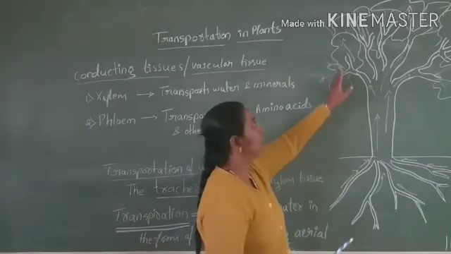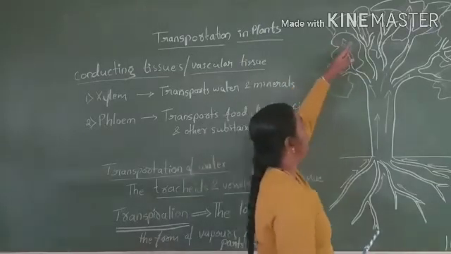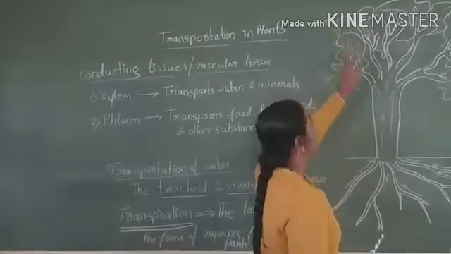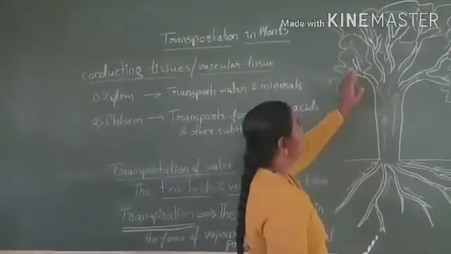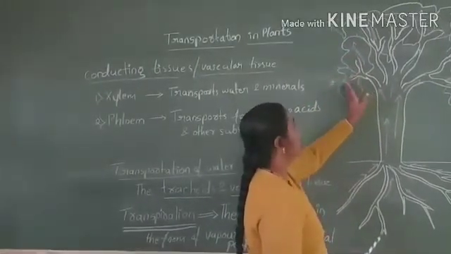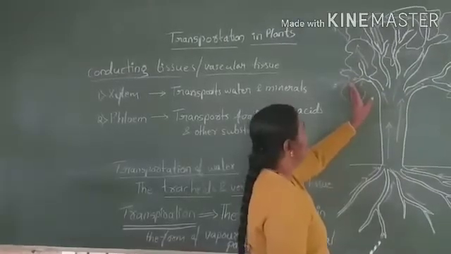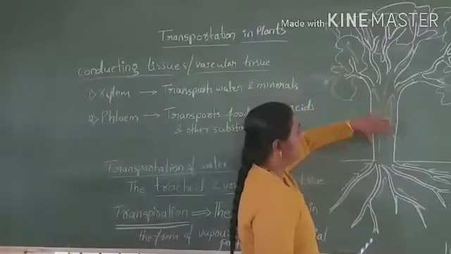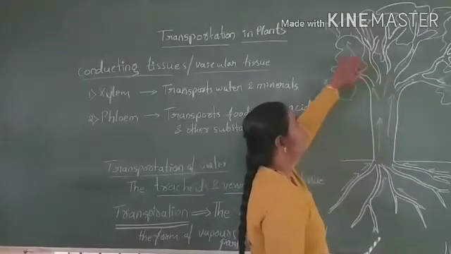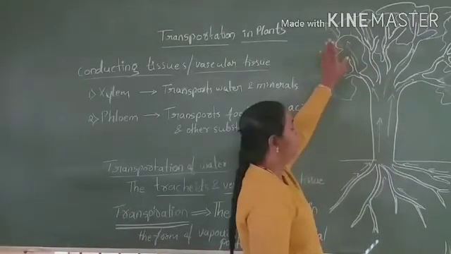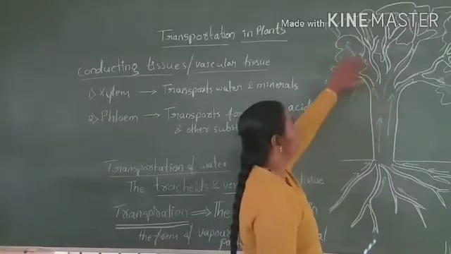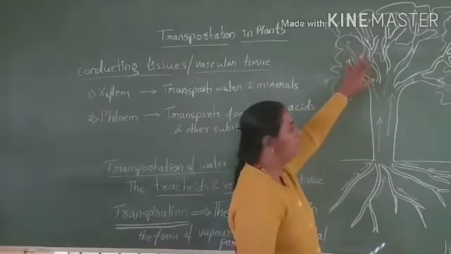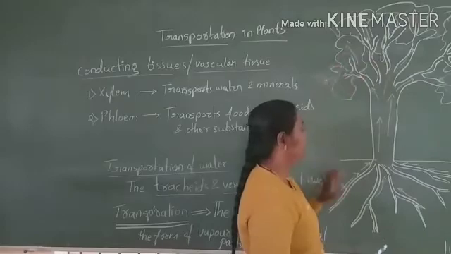This continuous evaporation of water from the aerial part of the plant body causes a difference in concentration of the water molecules that creates a pull of water. That helps to pull the water till the tip of the plant body, and this pull we call the ascent of sap.